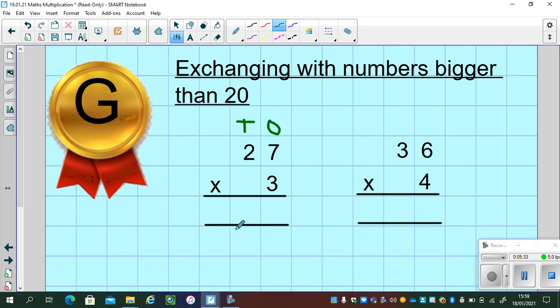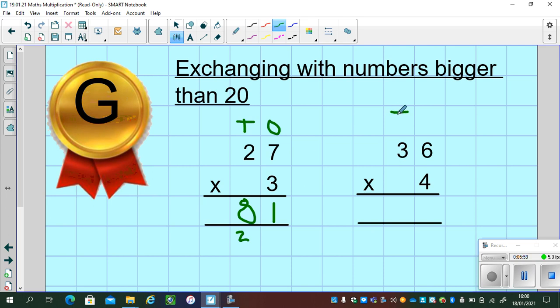Now this time, 21 is made up of 2 10s and 1 1. The 2 10s belongs in the 10s column. Now we'll go over and multiply by the 10s. 3 multiplied by 2 is 6. Don't forget to add 2 more. 6 add 2 is 8. Our answer is 81. Let's practice with one more before you make your choice today.